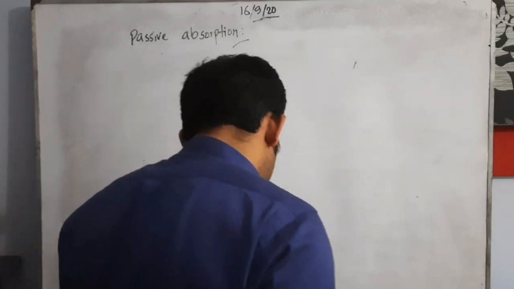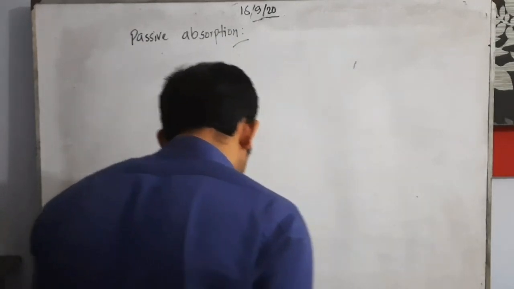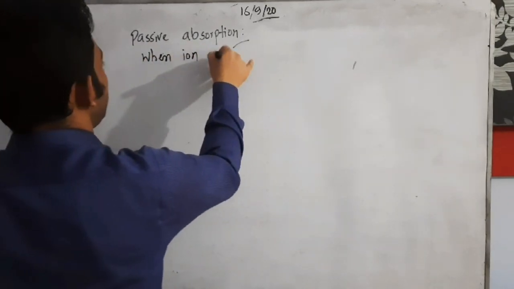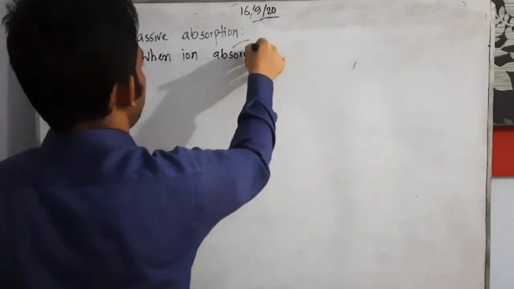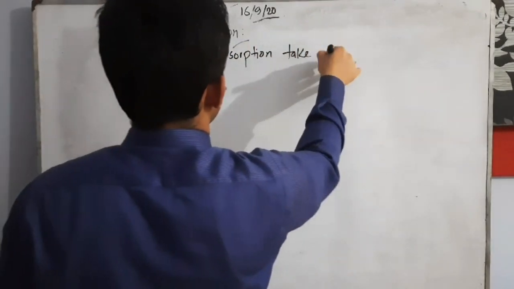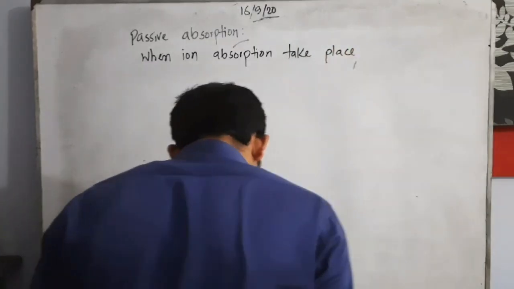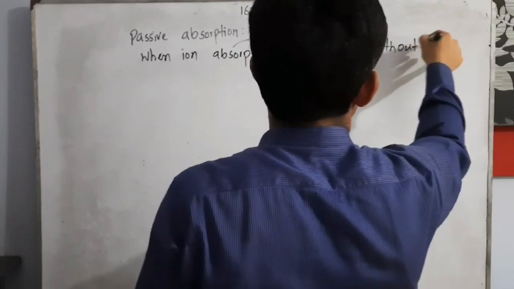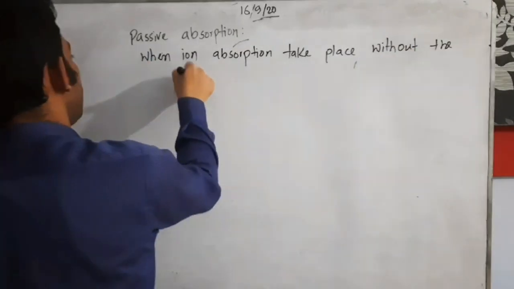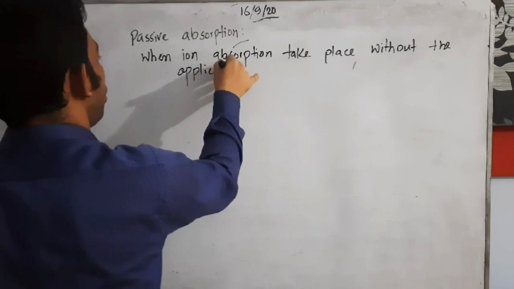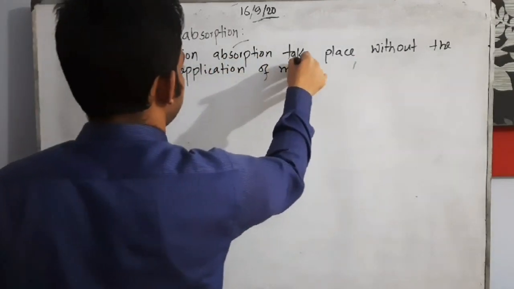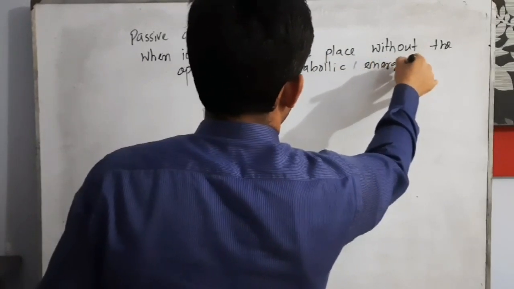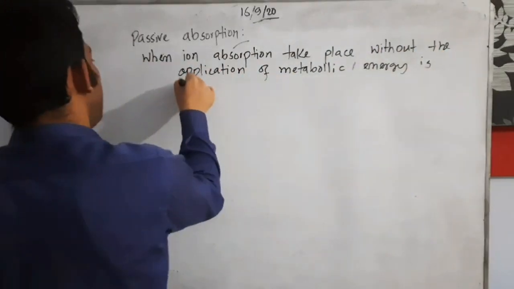When ion absorption takes place without the application of metabolic energy, it is called passive absorption.